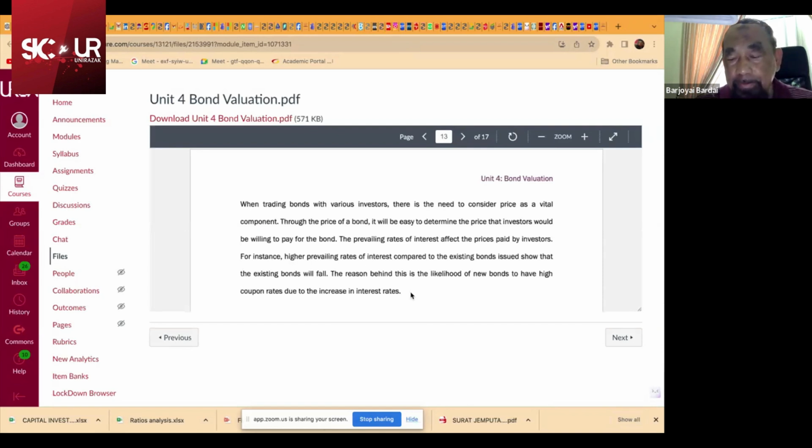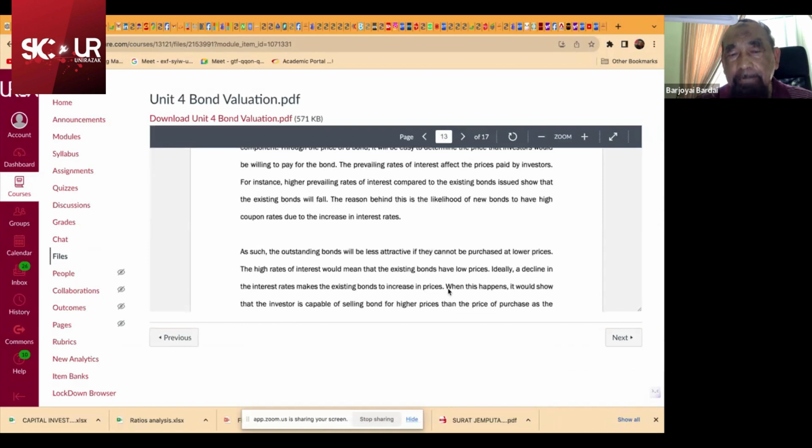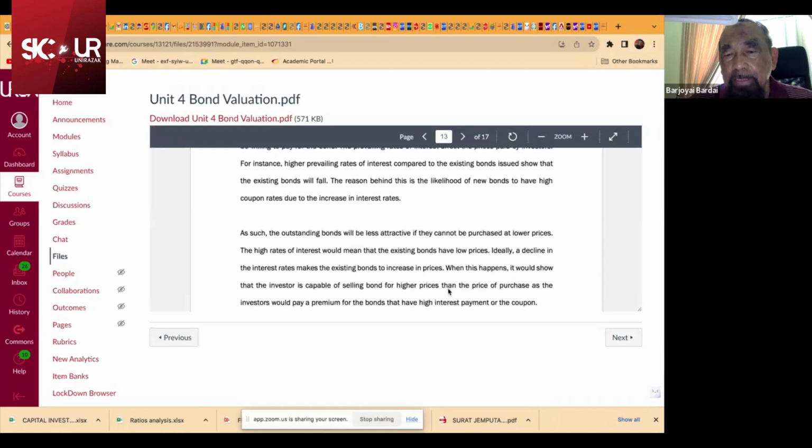So we must always compare this with the interest rate because the interest rate is our basic cost of fund. As such, the outstanding bond will be less attractive if they cannot be purchased at a lower price.